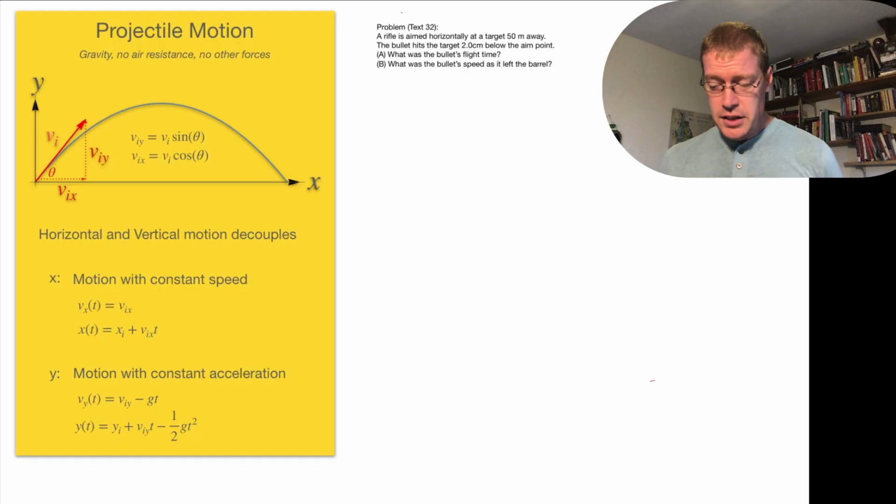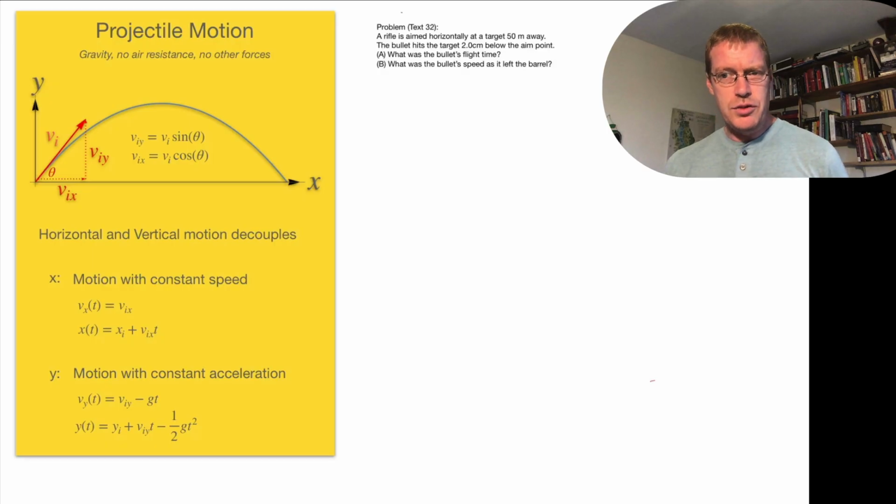And to add to the complexity, often you have information which is geometric, where your initial velocity can be described either by its components, Vix and Viy, or by the magnitude of velocity and the angle. Somehow you have to integrate all of this information into solving a physical problem.